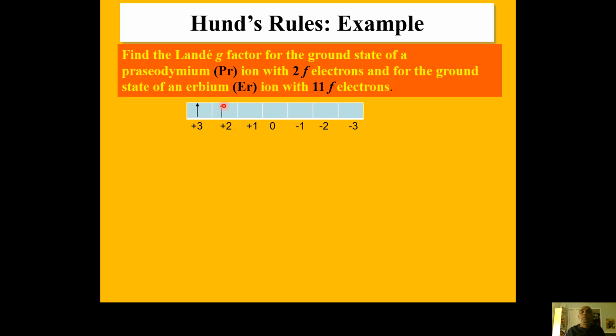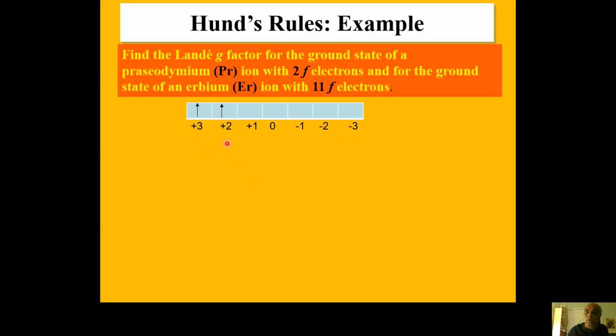Once that is satisfied, your total L should be maximized. So it should start with the highest L value, +3, next +2, then +1, like that. This is the way it satisfies both maximum S and maximum L.